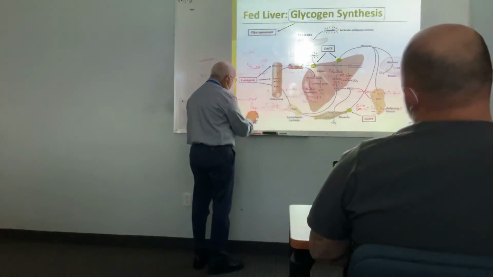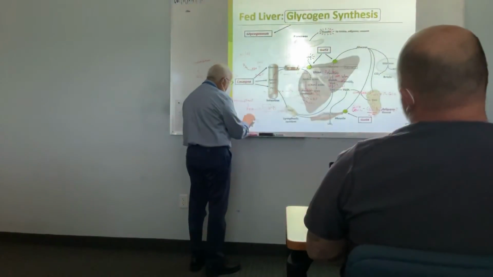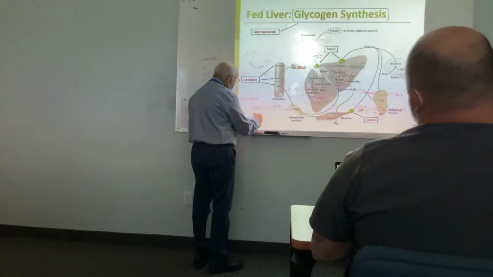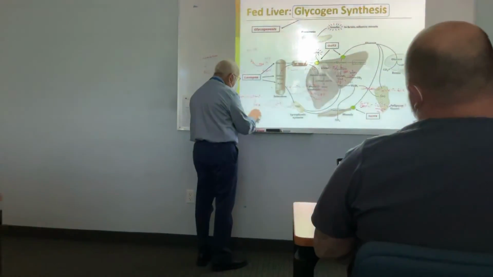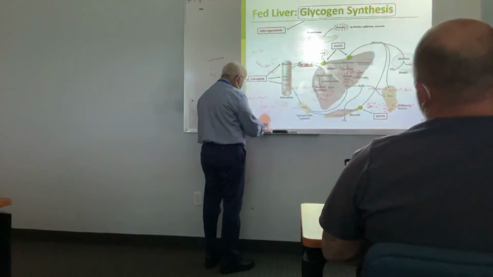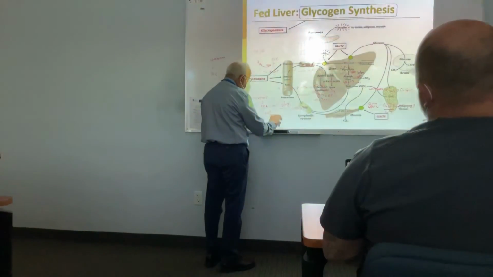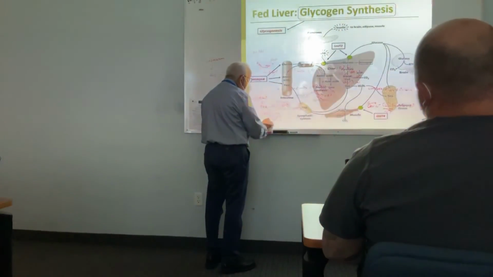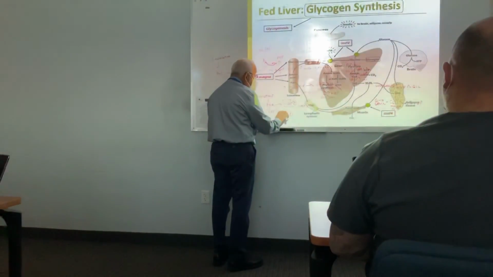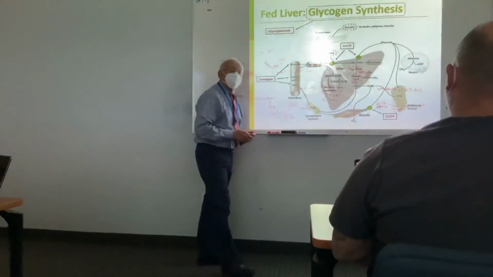But then PKA is going to make phosphorylase kinase happy. I'm gonna put 3 letters. And this is the enzyme that's gonna put a phosphate on the glycogen phosphorylase, and bingo, this is gonna be up now.